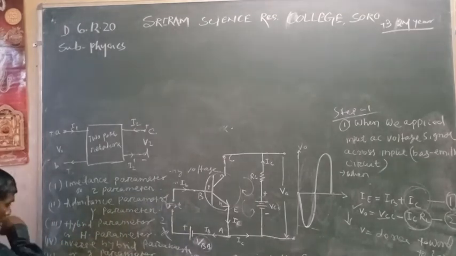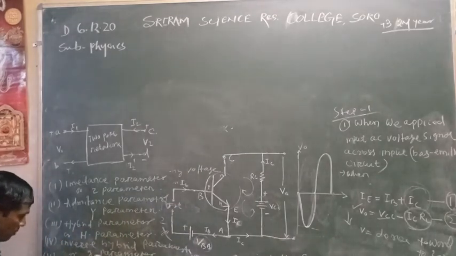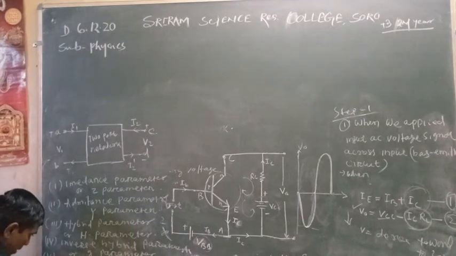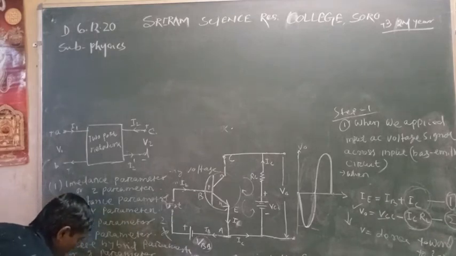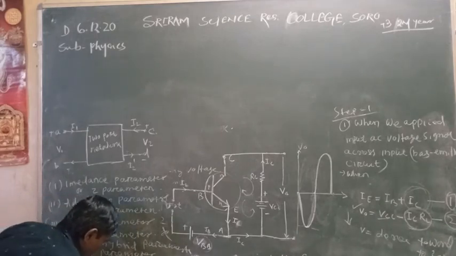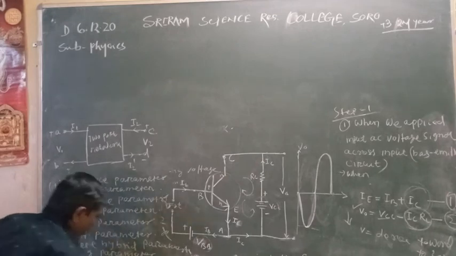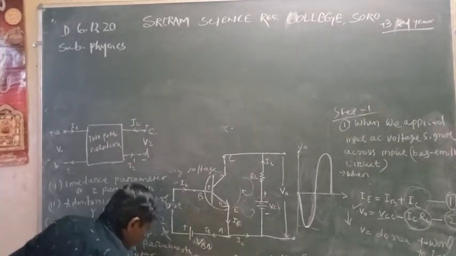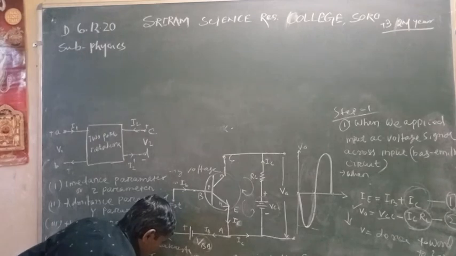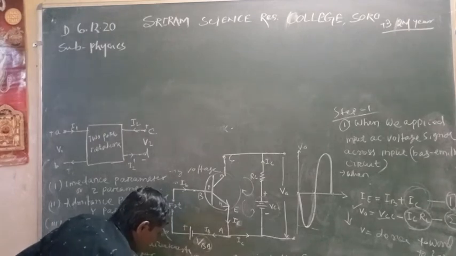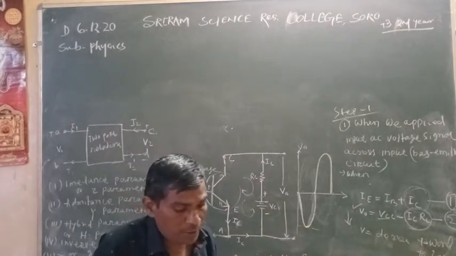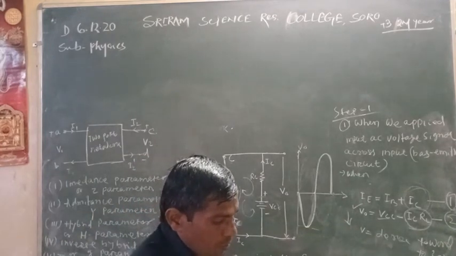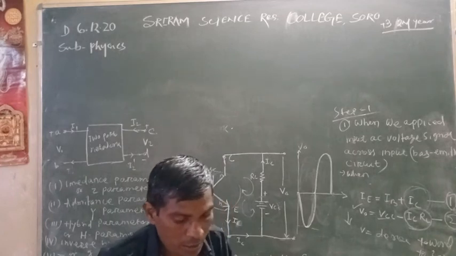Again the transmission parameter, that is the ABCD parameter. Then another one is the scattering parameter, that is the T parameter. Now how is it six ways?